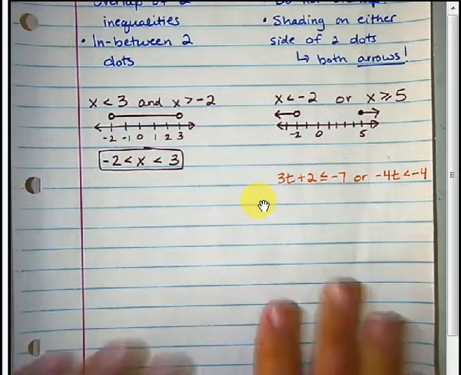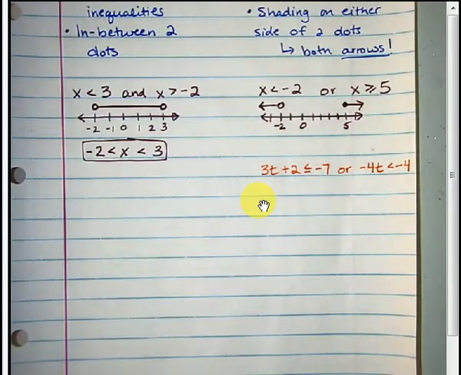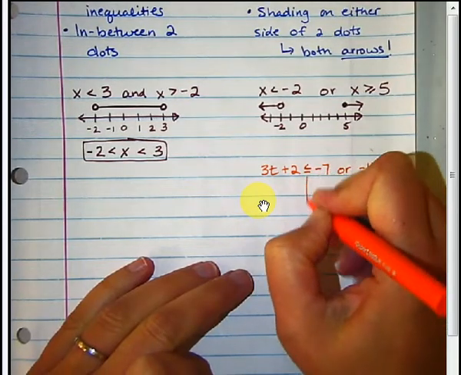Something like that. So you've basically just got double the work here. You've got two inequalities. You're going to have to solve both of them. Not a big deal. Just take some time.